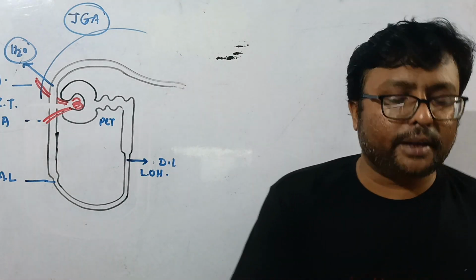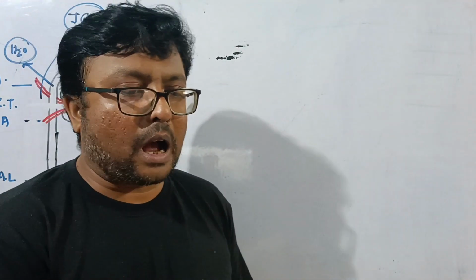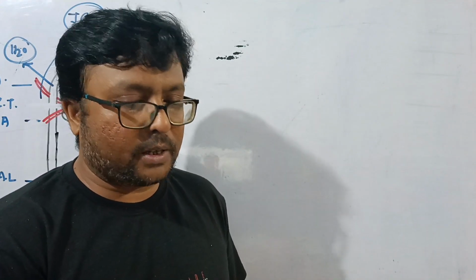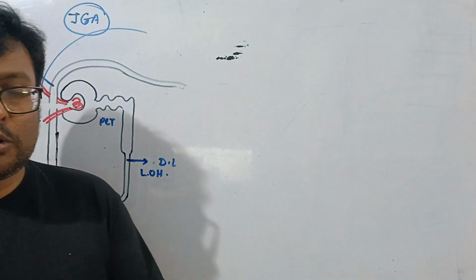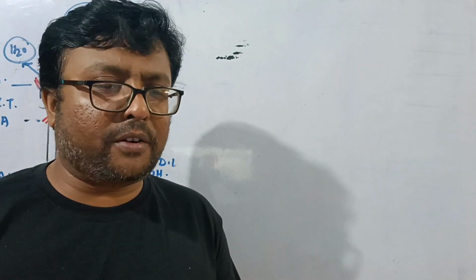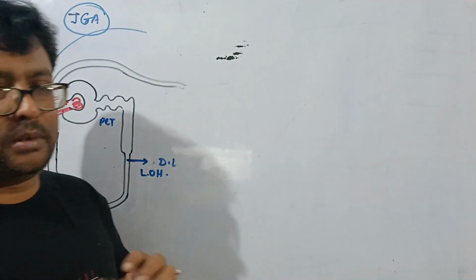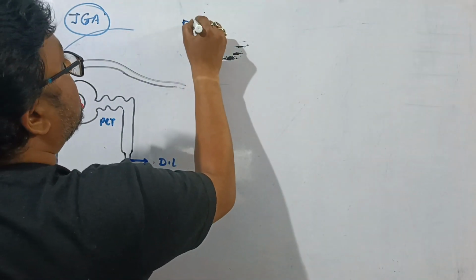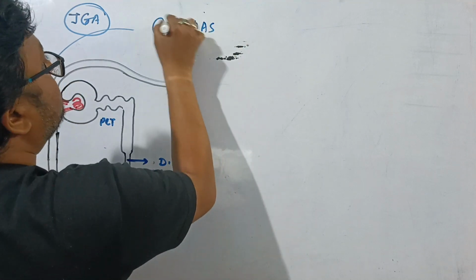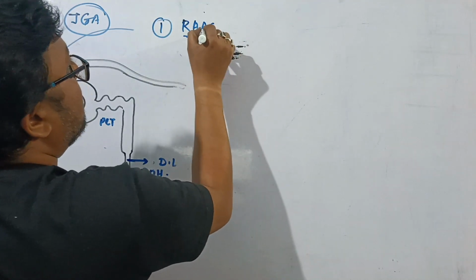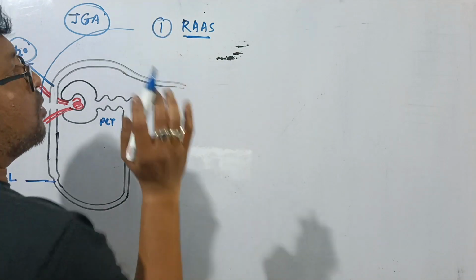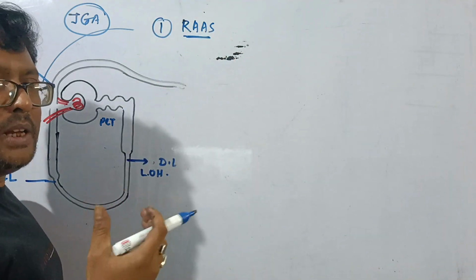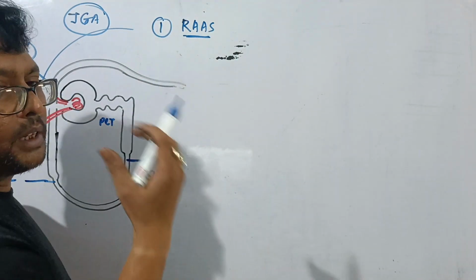Okay, so now we are going to discuss how this kidney function is generally regulated. Have a look. It is regulated in different ways. First we will see one process, a process known as RAS. Number 1, RAS. RAS generally helps to regulate this kidney function.